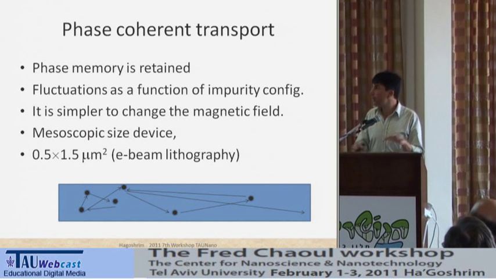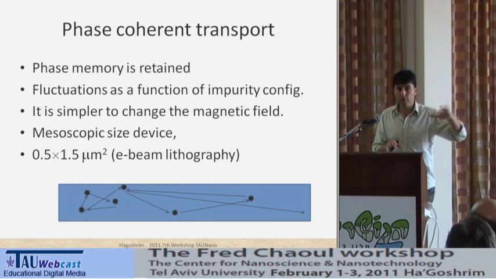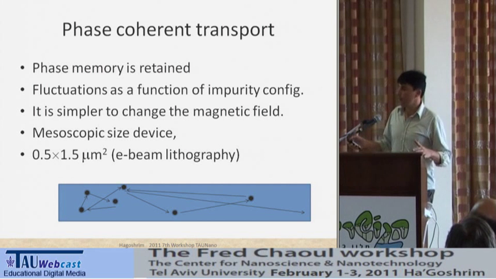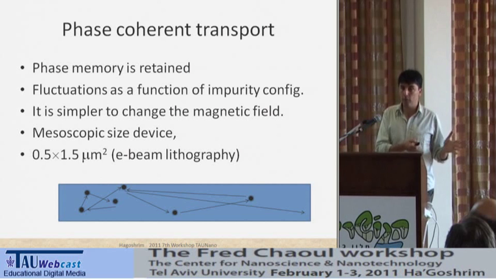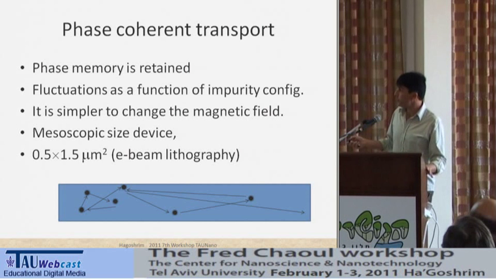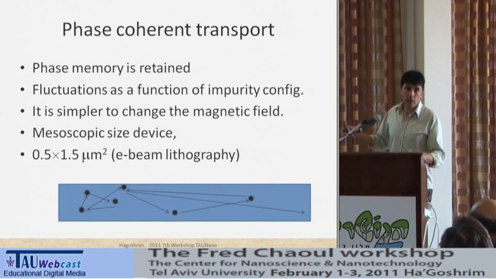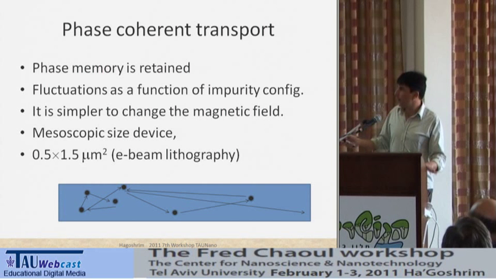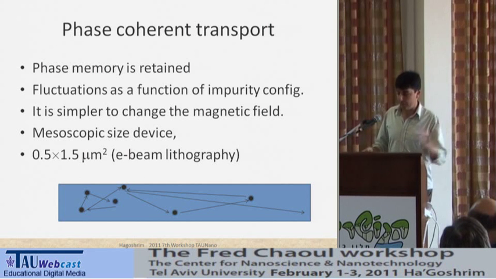So if you have an ability to move around the impurities, you can see some kind of oscillations of the interference patterns of the electrons, which is basically the conductance. Now, we cannot change the impurities, but we can change the magnetic field. And the magnetic field will just change the trajectory because it will make the trajectory curved.